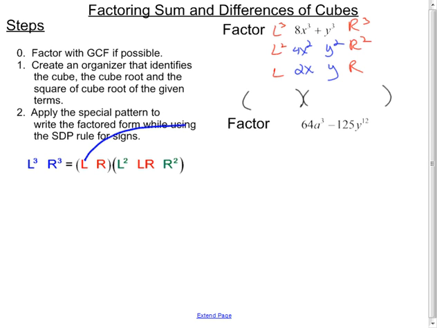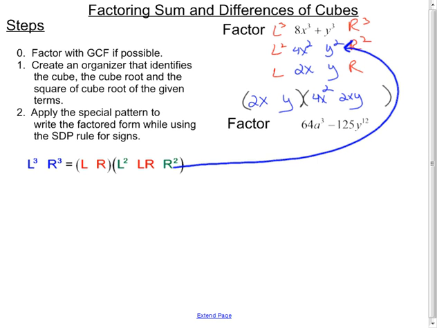I'm going to start with L, which you see is 2x, followed by R, which is y, and then I'm going to move to L squared, which is 4x squared, and then I'm going to do a little mental math to do LR, which is 2x times y, which is 2xy, and then I'm going to do R squared, which in my chart you can see is y squared.